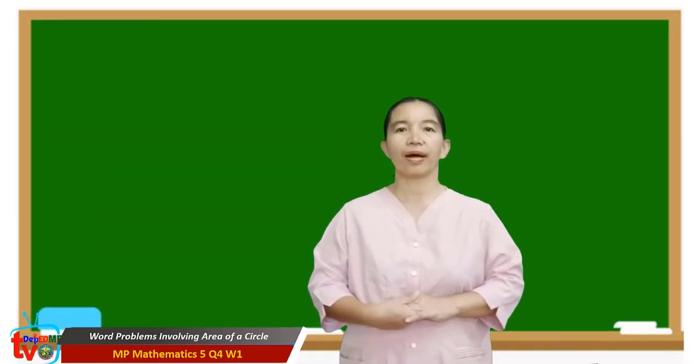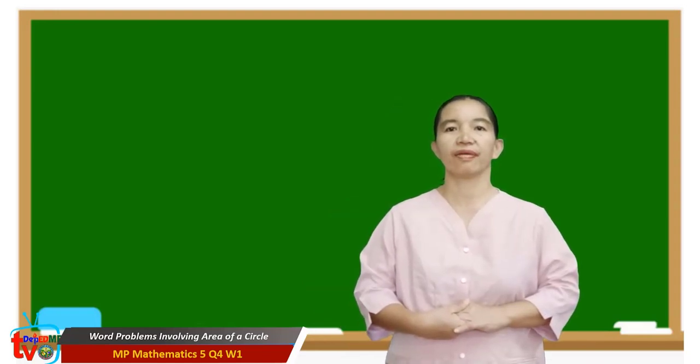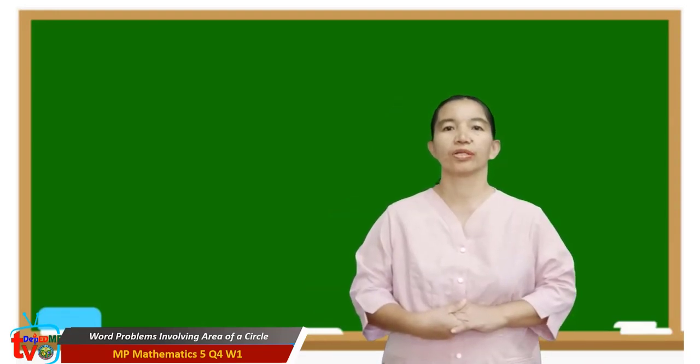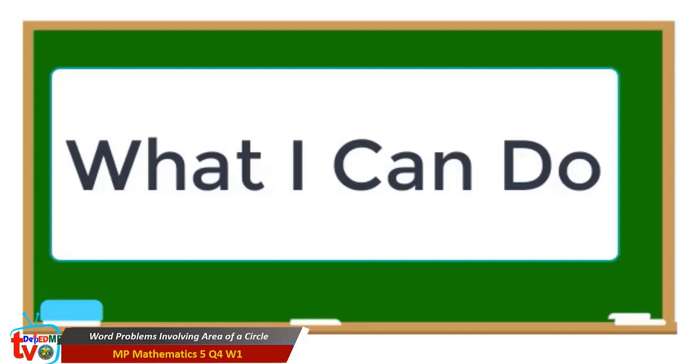Let us now apply what we have learned. Read and understand the problem. Show your solutions in a separate sheet of paper. When the given time is not enough, you can pause the video.